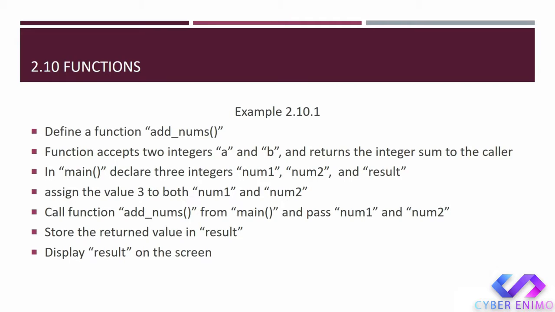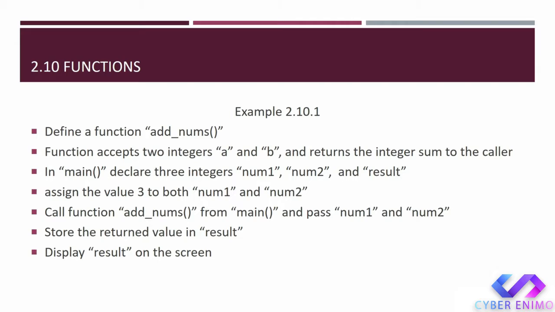In main, let's declare three integers, num1, num2, and result. Let's also assign the value 3 to both num1 and num2. Let's also call the function add_nums from main, and let's pass it the variables num1 and num2.